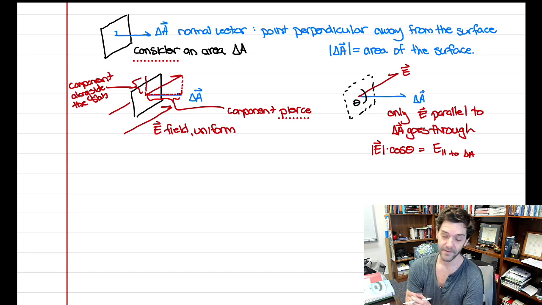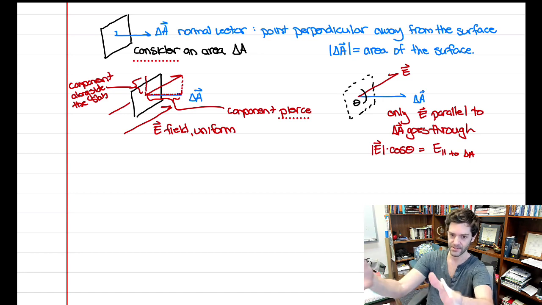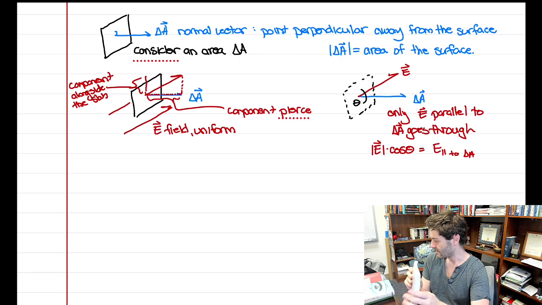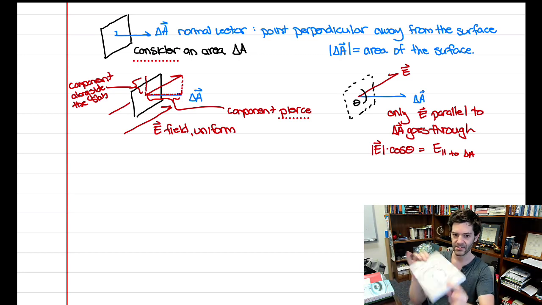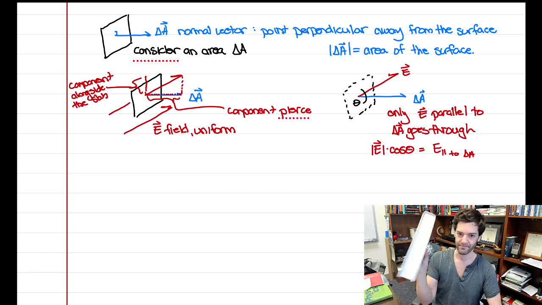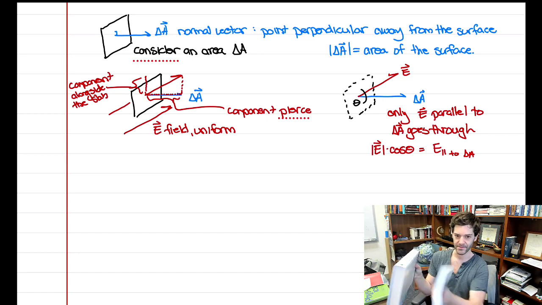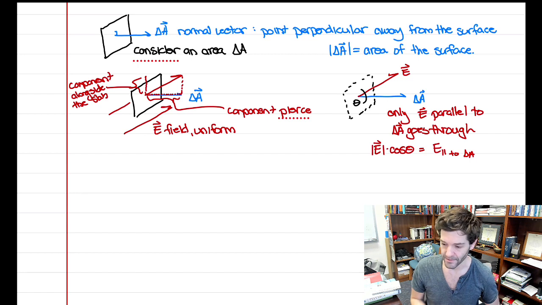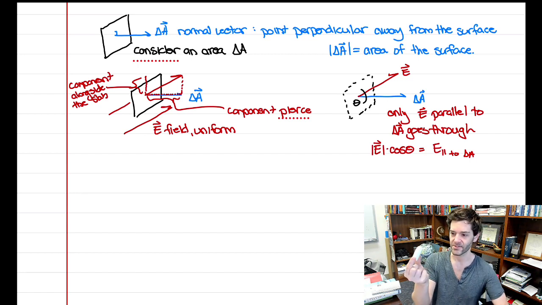Then we can also ask, if I'm asking about how much electric field pierces through the surface, it matters whether the surface has this much area or say this much area, right? More electric field can go through this big surface compared to something like this, which has a very small area.